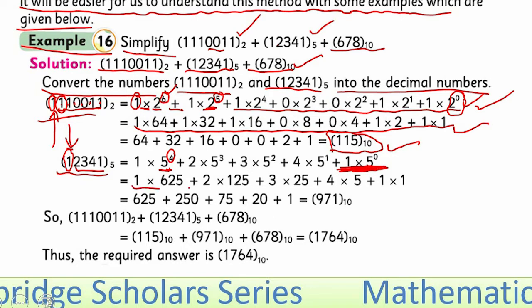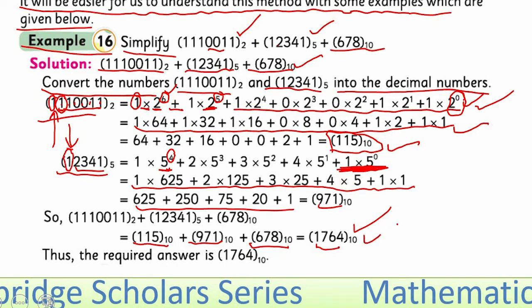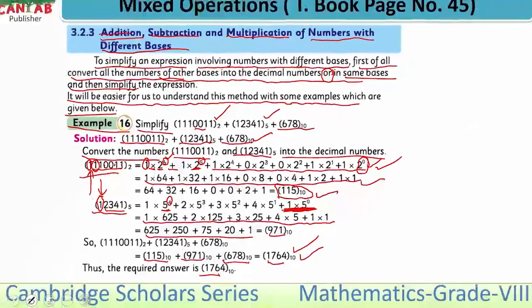Then perform all the operations and addition, and you have the number 971 with base 10. At the end, add all the numbers having base 10. We have 1764 with base 10. So this is an easier way to solve a question given with different bases. Thus the required answer is 1764.